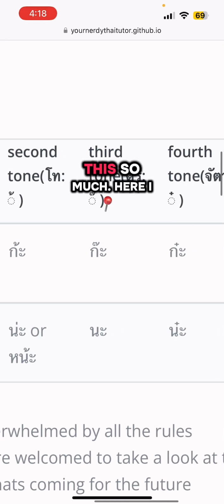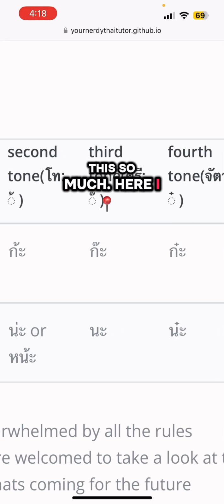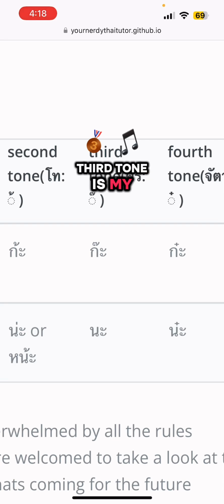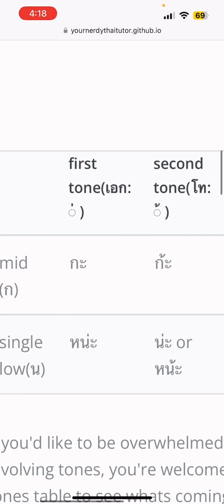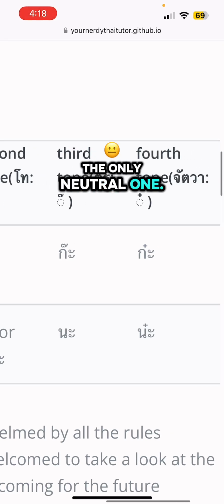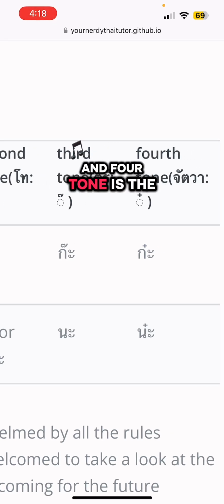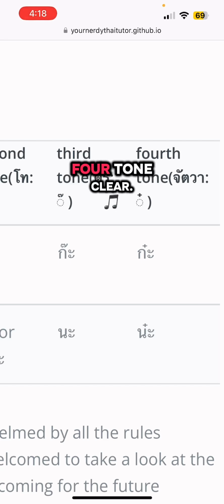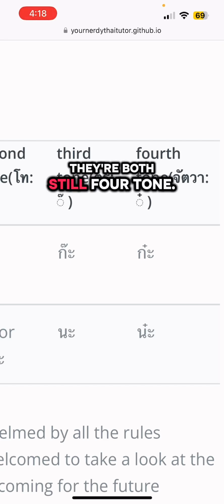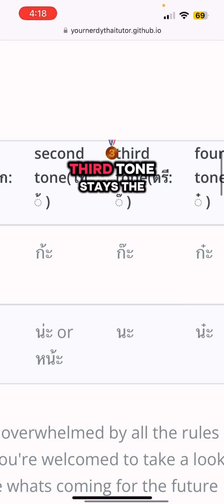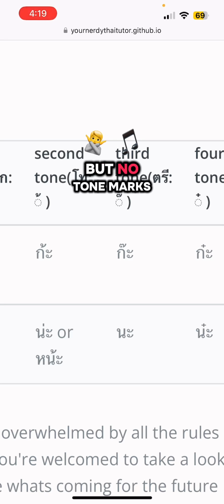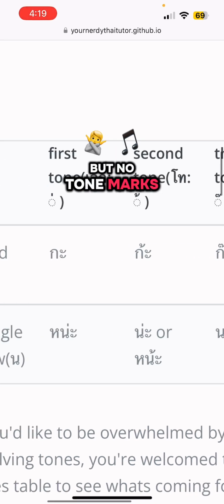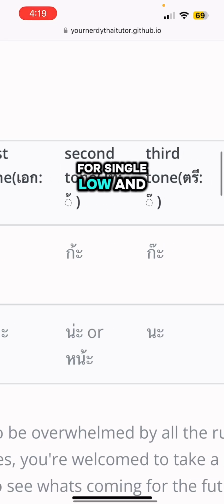Oh man, there's so much here. I am overwhelmed. Third tone is mai tri or neutral for the single low. Okay, I guess that's the only neutral one. And fourth tone is the same. Okay, fourth tone's clear. They're both still fourth tone. Third tone stays the same for midtones, but it's no tone marks for single low.